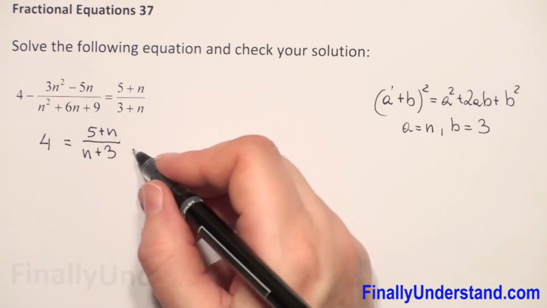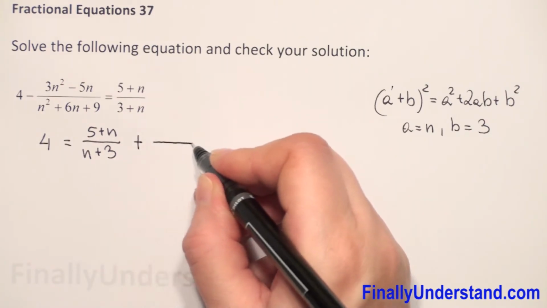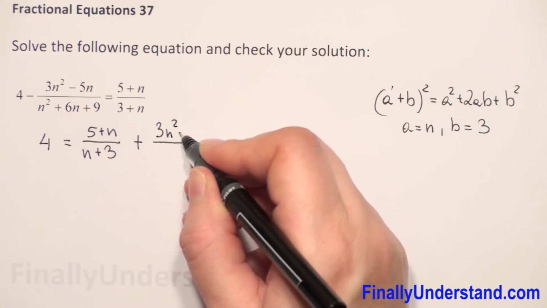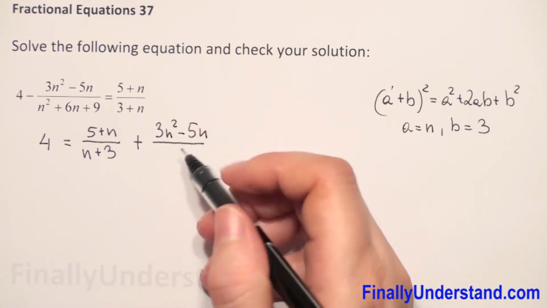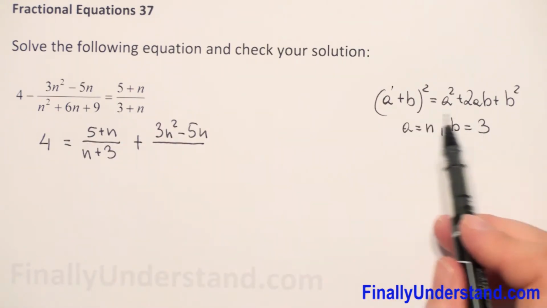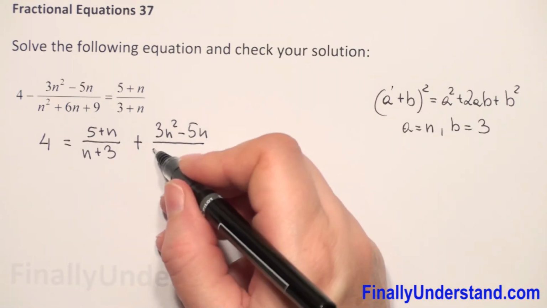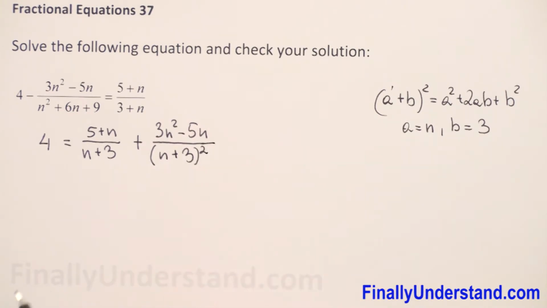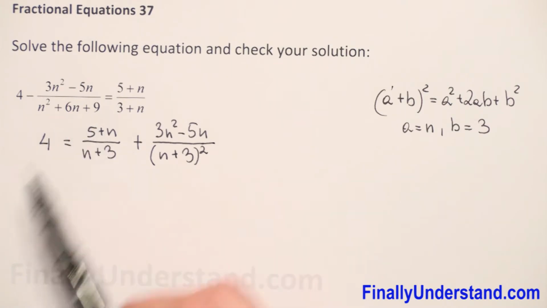Like I said, negative, so it will be now positive, and we have 3n squared minus 5n. The numerator we copy, and the denominator, like I said, we will use this formula. So we have n plus 3 to the second power in the denominator.